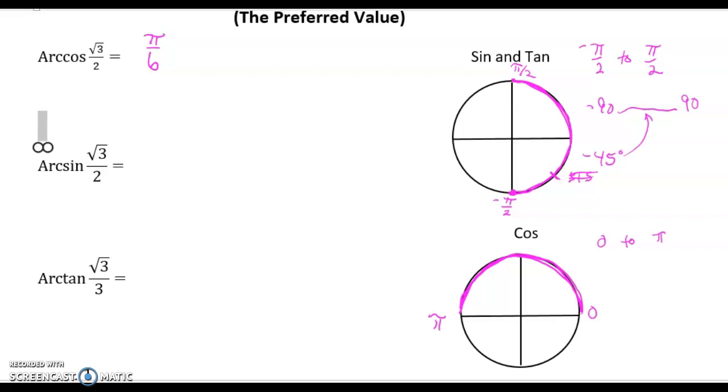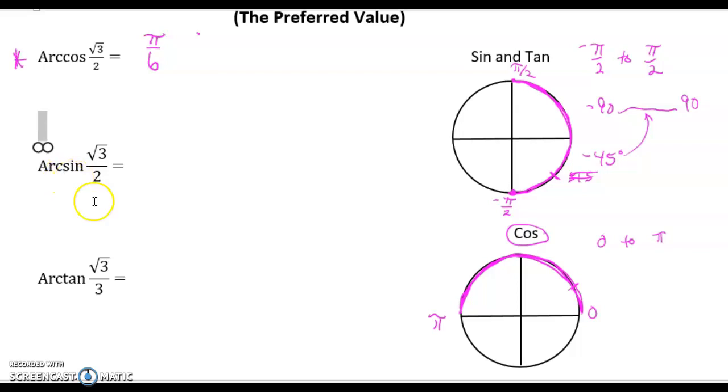Okay, so let's go back to the first one. Arc cosine, square root of 3 over 2, that would be 30, where your cosine value is square root of 3 over 2. And for cosine, we're looking at that upper half of the circle, and that is still correct. So I got lucky on that one.